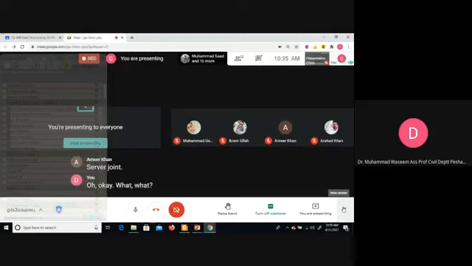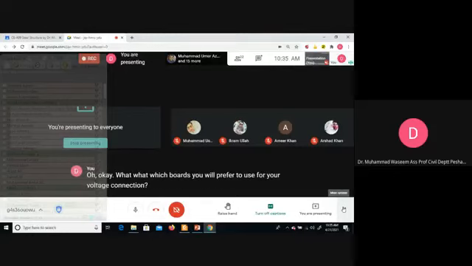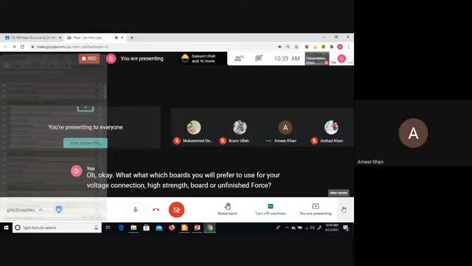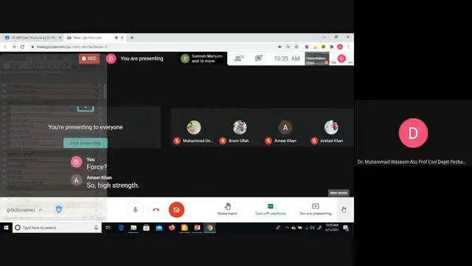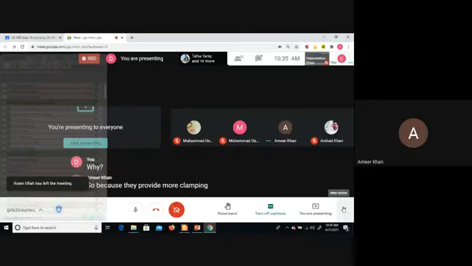Which bolts will you prefer to use for your bolted connection? High strength bolt or unfinished bolts? Sir, high strength. Why? Sir, because they provide more clamping forces, so the friction forces.